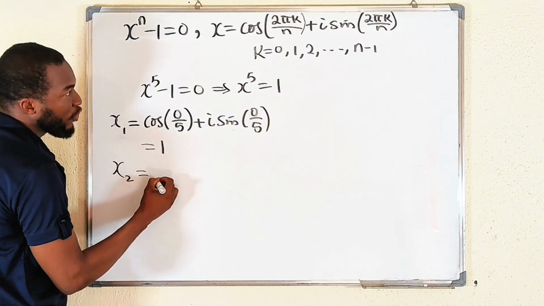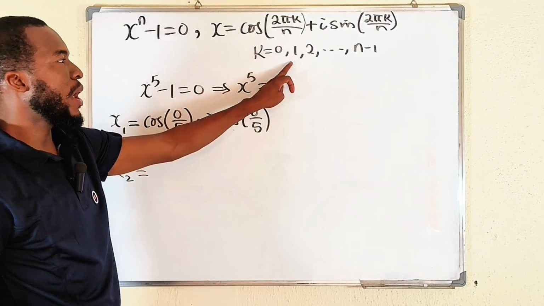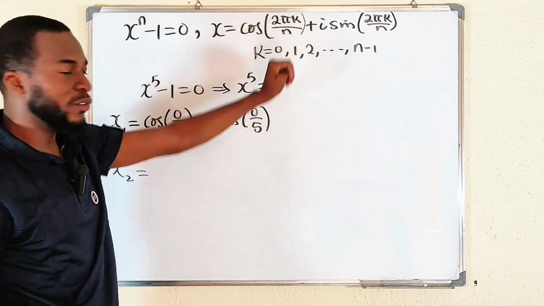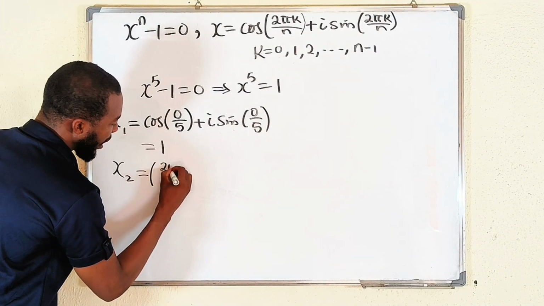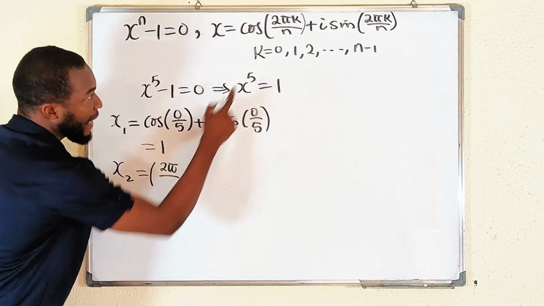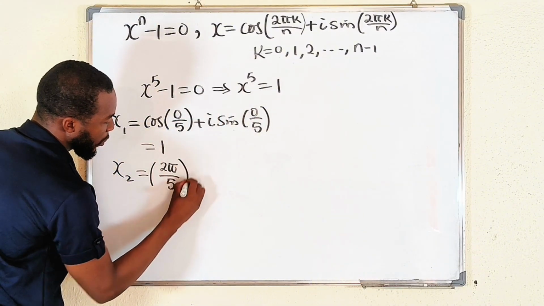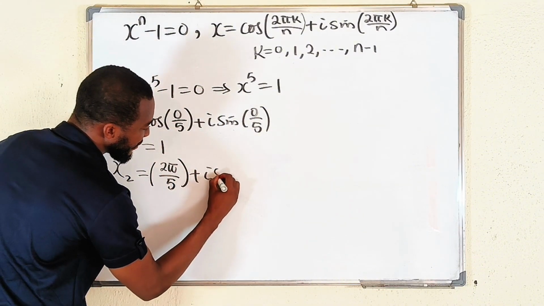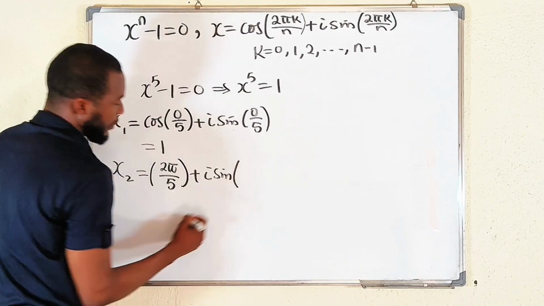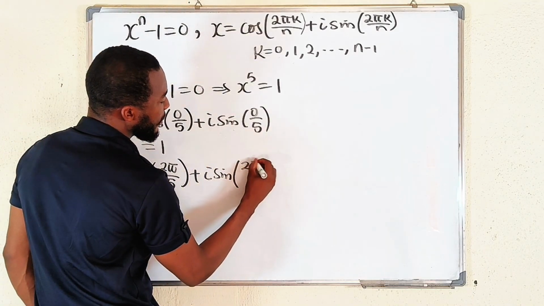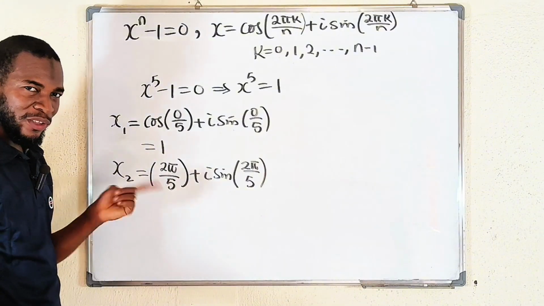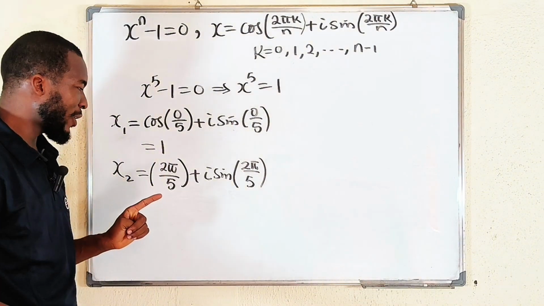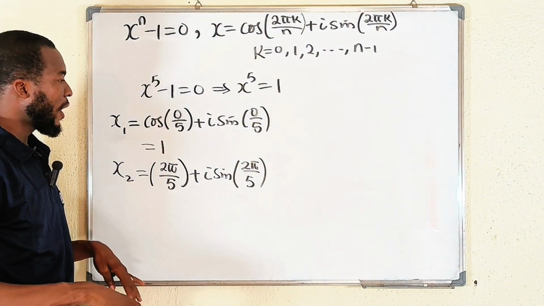x2 is equal to, when k is 1, 2 pi times 1 is 2 pi on top. That is 2 pi divided by n, which is 5, plus I sine of 2 pi divided by 5. But this angle is not special, so we cannot do that directly.